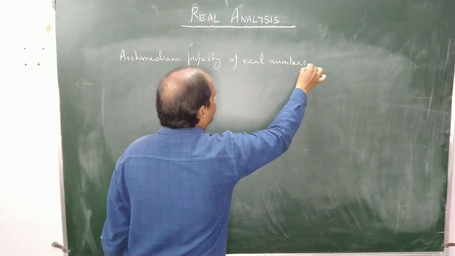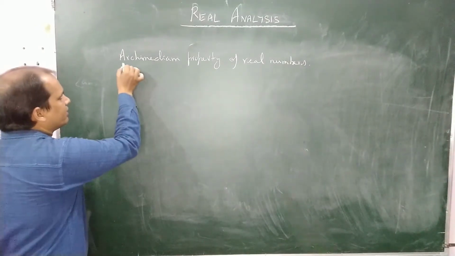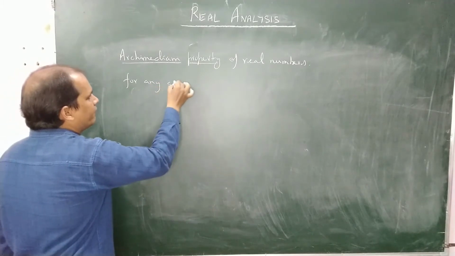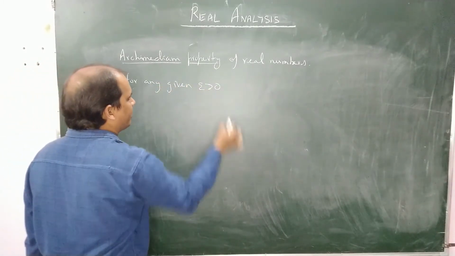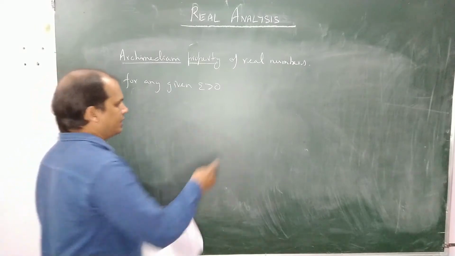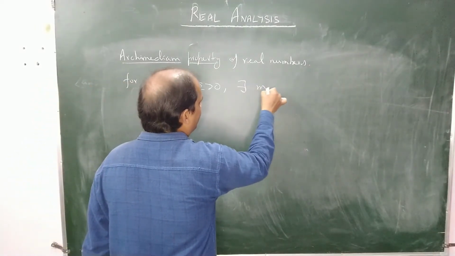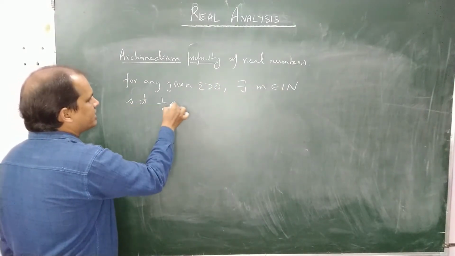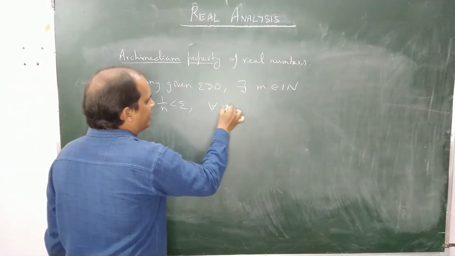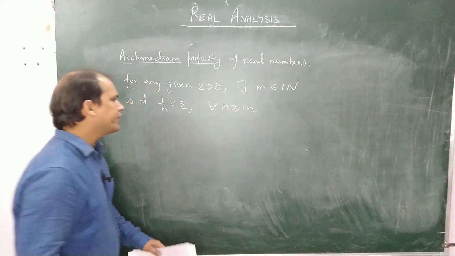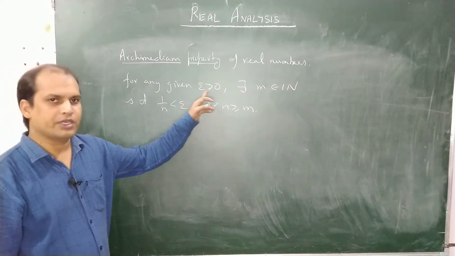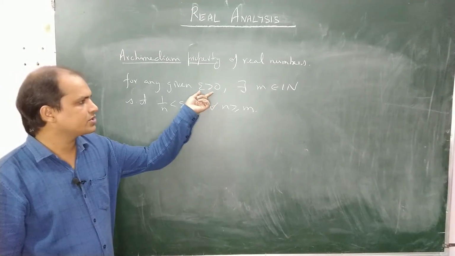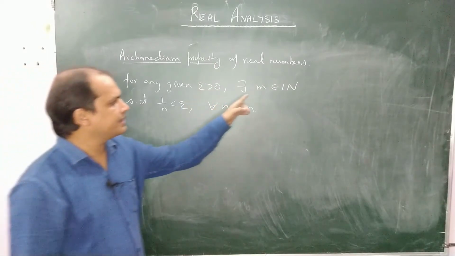Its statement is very important: for any given epsilon greater than 0, there exists m belonging to N such that 1 by n is less than epsilon for every n greater than or equal to m. However small epsilon is, it should be strictly greater than 0. So whenever any epsilon greater than 0 is given to us, one can always find some m naught.